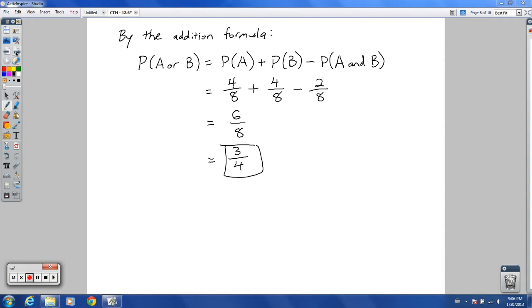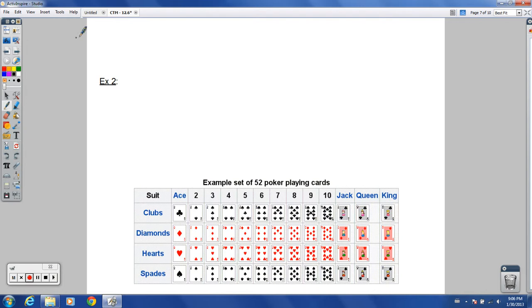So let's move on to example 2, but before we do that, one new definition I'm going to insert in here. Two events are mutually exclusive. Mutually exclusive, that's what we're defining here.